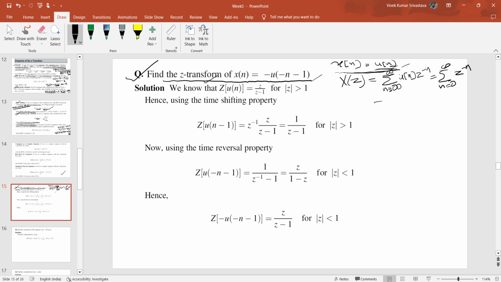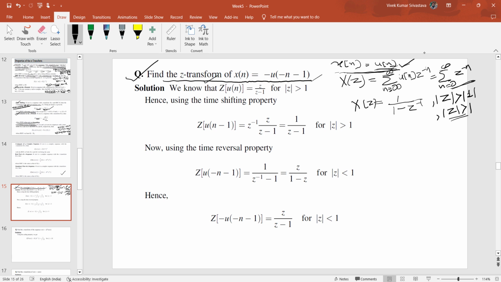Once you evaluate this summation, you will get 1 over 1 minus z raised to the power minus 1. And as this is an infinite duration right sided sequence, the ROC is mod of z greater than 1. So this is the z transform of the unit step sequence with the corresponding ROC.